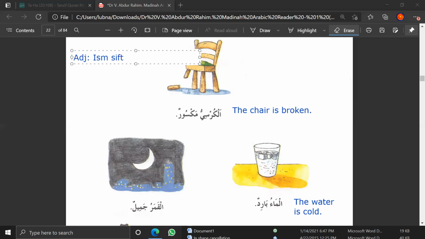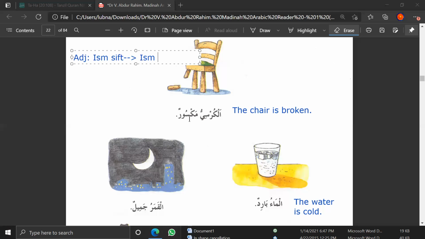And this is also an ism. There is also ism, and the quality of being broken is also ism. Just keep in mind, all qualities or properties are also ism in Arabic. Okay? Will you remember? One more fact you learned today.